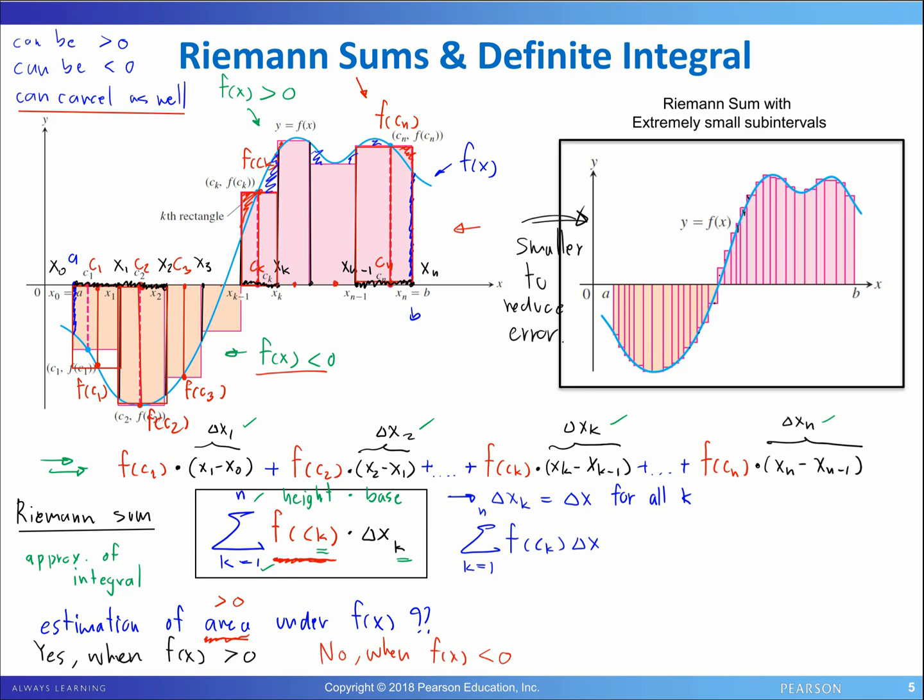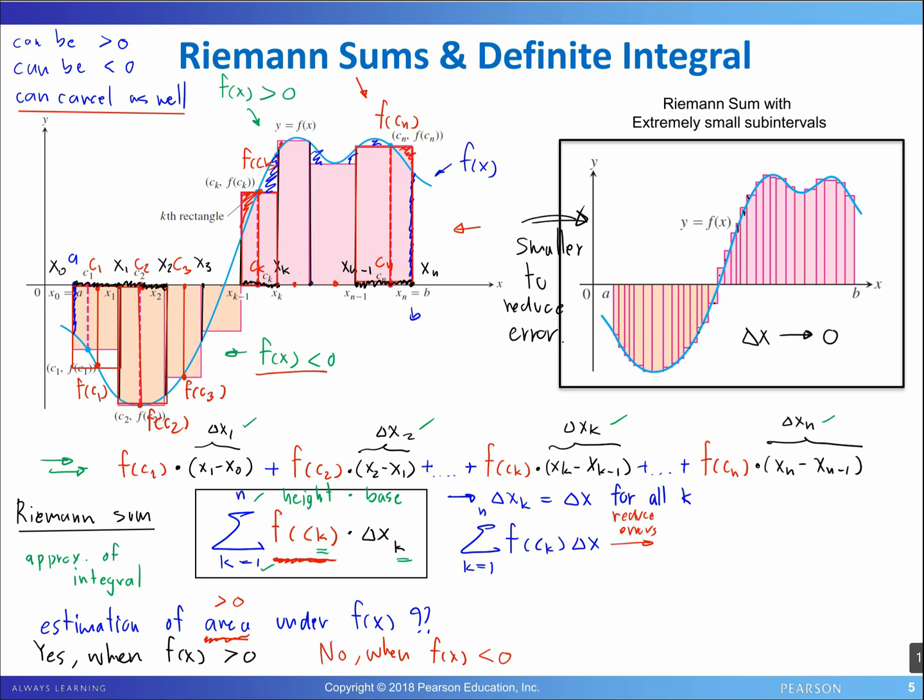So smaller rectangles are good for the errors, and this means that making it smallest would be best. So we want delta x, the base of the rectangle, all of them, to go to 0, as small as possible. So we want to improve on this formula. We want to reduce the error from the Riemann sum. So this is our goal, reduce errors.